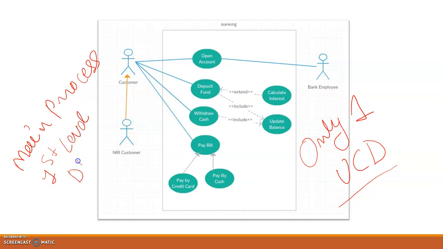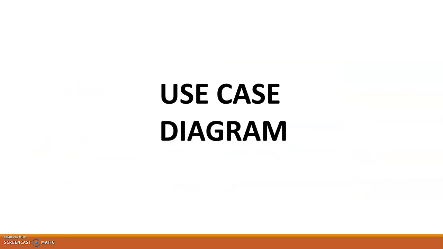All the processes shown on the first level of the DFD can be represented in the use case diagram. In certain cases, you can take them from the second and third level as well. So this is all about the use case diagram. The other diagrams we will discuss in the next session.